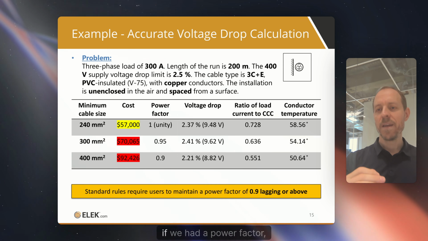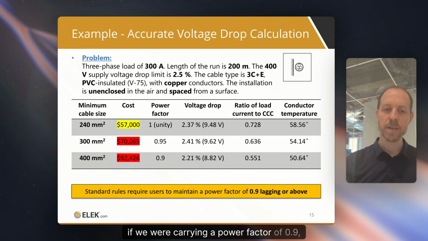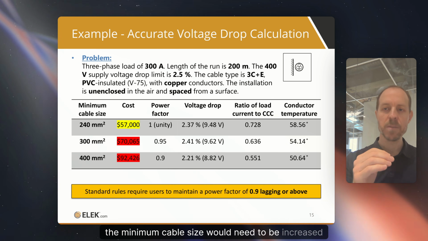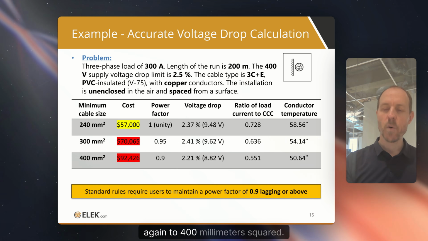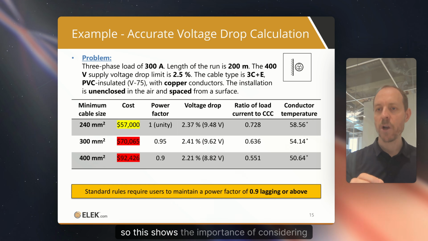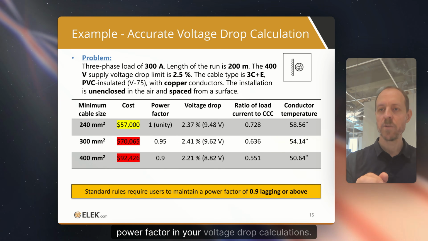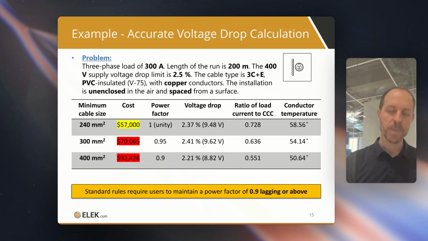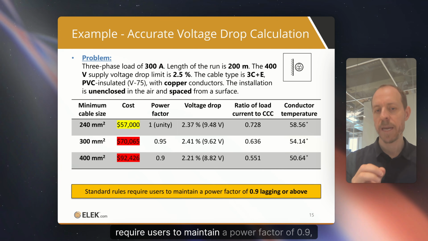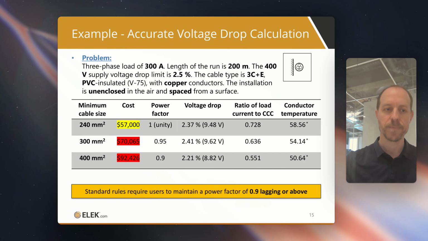Then again, if we were carrying a power factor of 0.9, the minimum cable size would need to be increased again to 400 square millimeters. So this shows the importance of considering power factor in your voltage drop calculations. You should remember that the standard rules require users to maintain a power factor of 0.9 lagging or above.